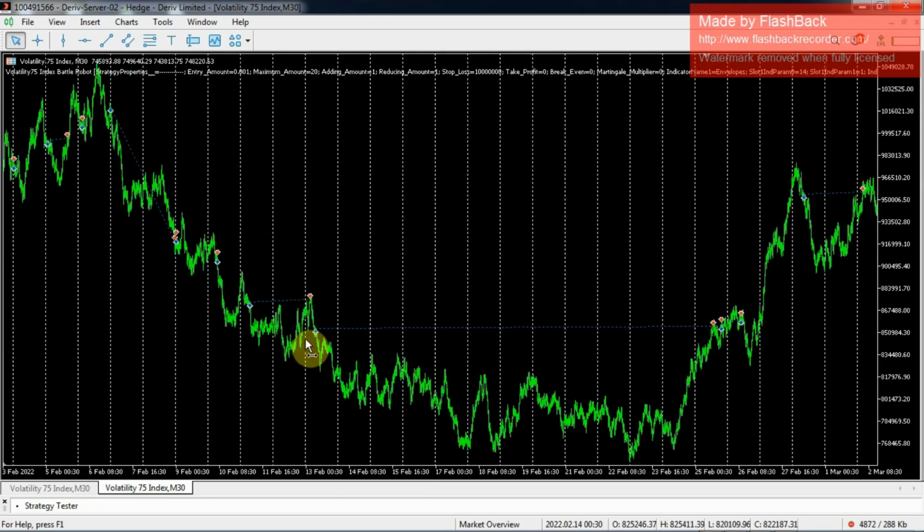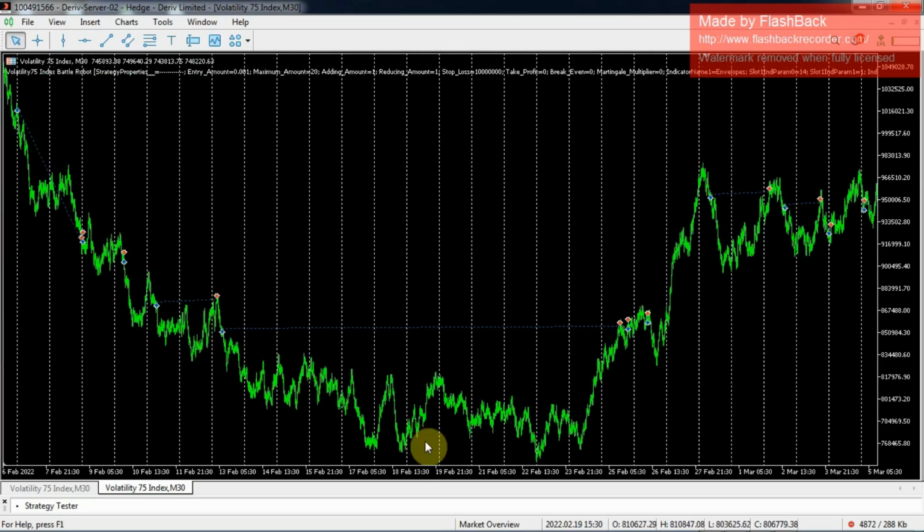Most traders closed this drawdown. It didn't even hit stop loss, but traders closed this trade due to fear, because it came after a loss. Most traders will remember.